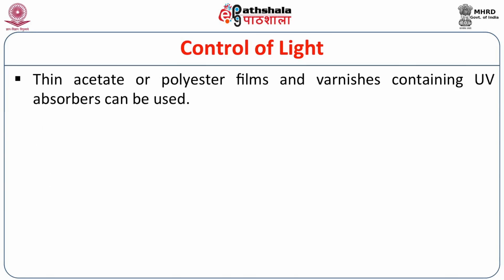Thin acetate or polyester films and varnishes containing ultraviolet absorbers can also be used to control ultraviolet rays. The main wavelength of ultraviolet rays is 300 nanometers and below.